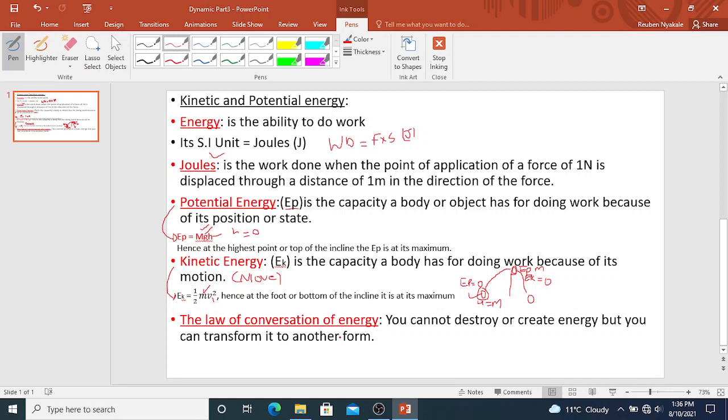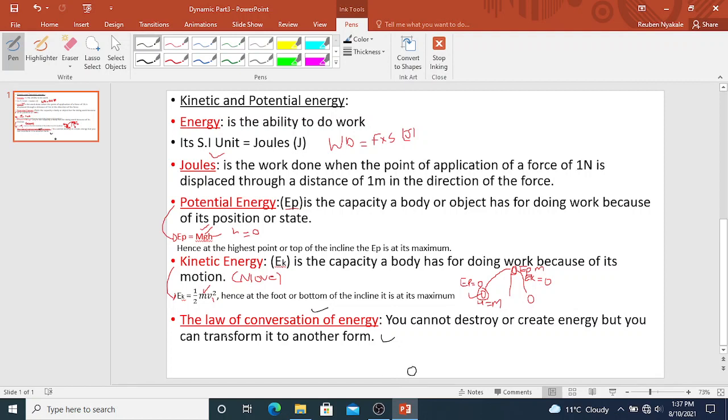Now these types of energies are governed by the law of conservation of energy. The law of conservation of energy says you cannot destroy or create energy, but you can transfer it to another form. Now let's give you a picture.